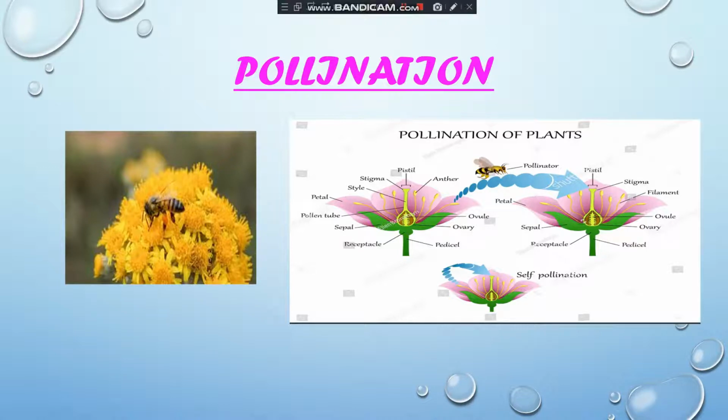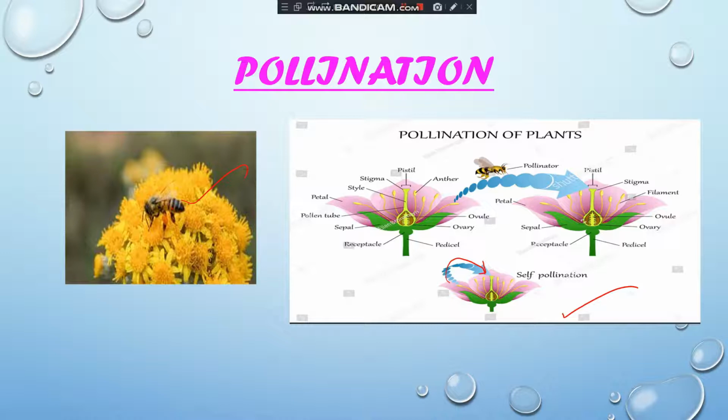It is called pollination. Self-pollination is where the pollen transfers from anther to the stigma of the same flower. You can see here there is one insect sitting on the flower. So what happens when the insect is sucking the nectar of the flower? At that time the pollen sticks to its body. When the insect goes to another flower, that pollen drops over there.